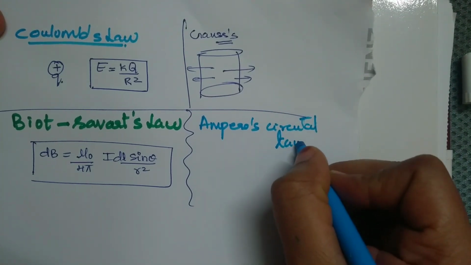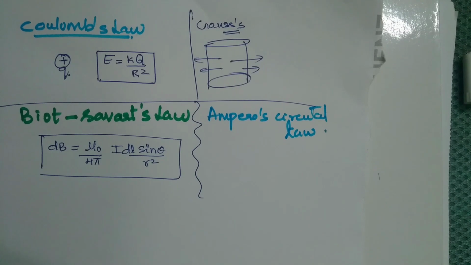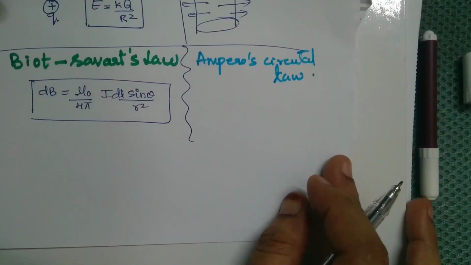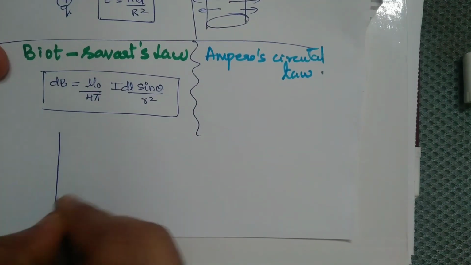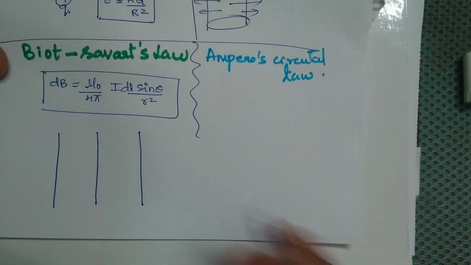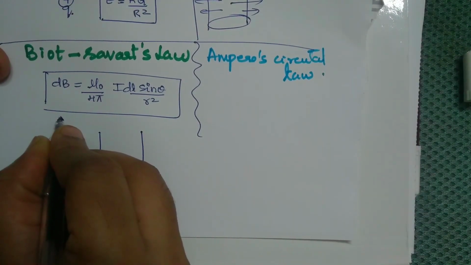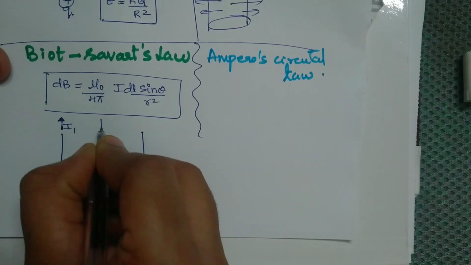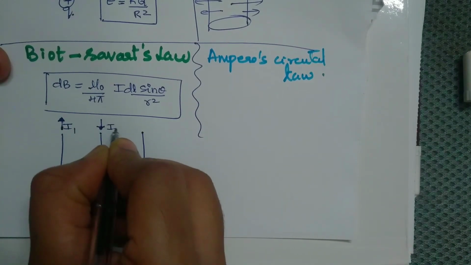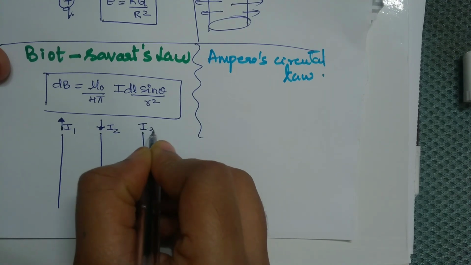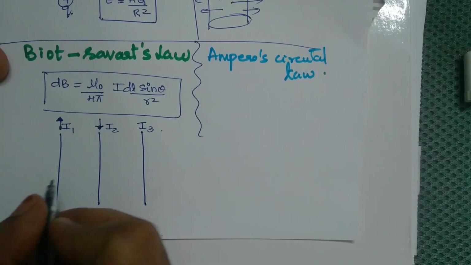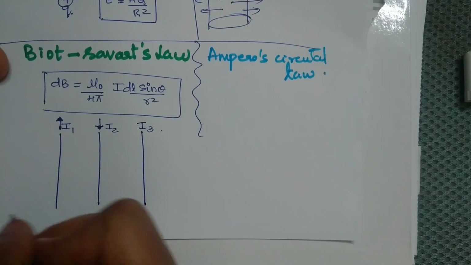So what does Ampere's circuital law say? Suppose you have these current carrying conductors. The current flowing through this conductor is I1, through this is I2, and through this is I3. Ampere says to choose a closed loop.